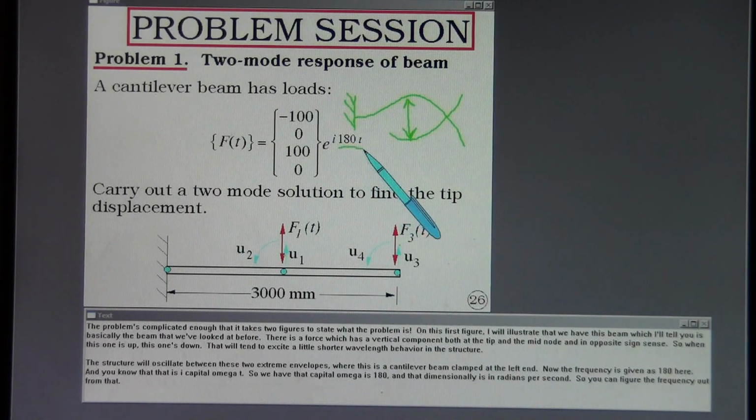Now the frequency is given as 180 here, and you know that that is capital omega t. So we have that capital omega is 180, and that dimensionally is in radians per second. So you can figure the frequency out from that.